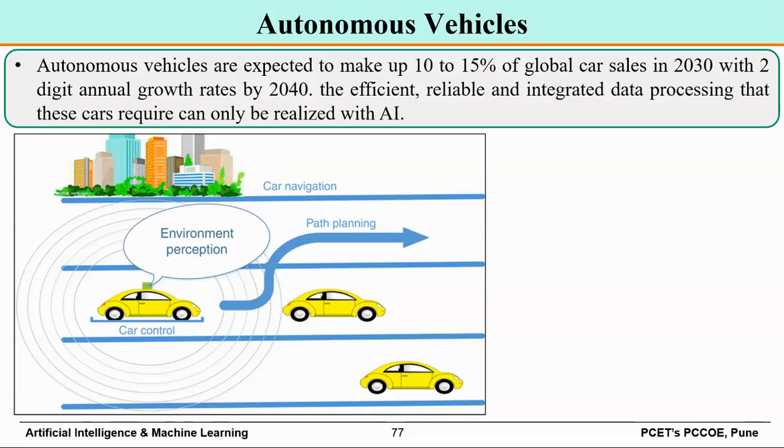What is the speed of the autonomous vehicle? With what speed it gets to overtake so that it will go ahead. Clear? Any doubt in this example? Feature extraction and selection. And how it will come to know whether it is a truck or a two-wheeler or a car? How it will come to know?